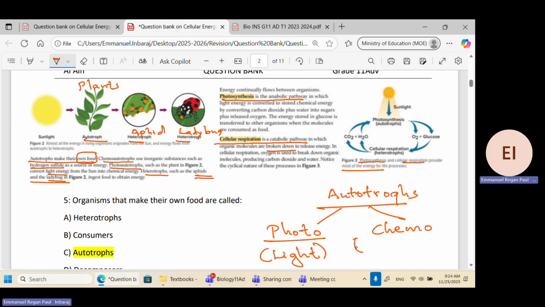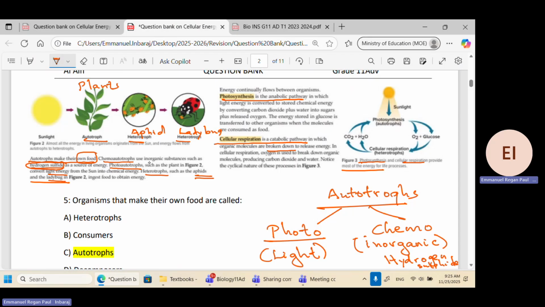And chemoautotrophs depend on inorganic substances. You know, in chemistry, you study inorganic substances. One of the examples given in your textbook is hydrogen sulfide. See, look here, hydrogen sulfide as a source.